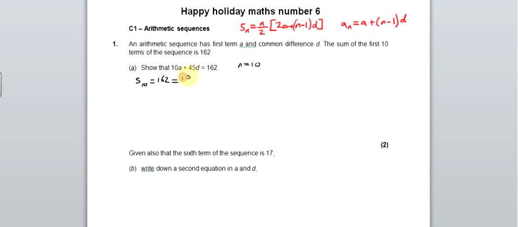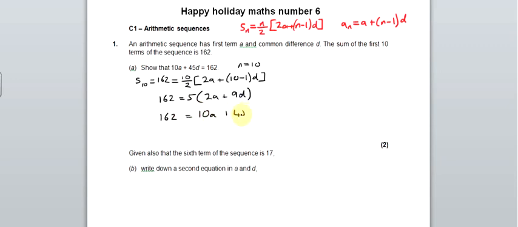So it's 10 over 2 times (2a plus 10 minus 1)d, and we multiply it out, so we've got 162 is equal to 5, and then in here we've got 2a plus 9d, so 162 is equal to 10a plus 45d, and then we can say QED because we have shown it, because that's what we were asked to show.